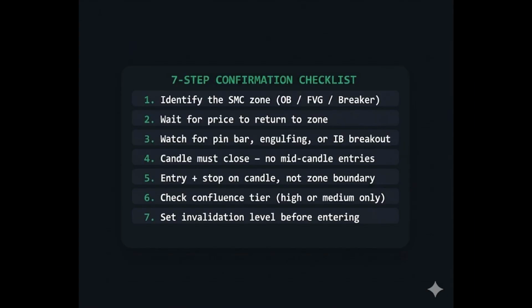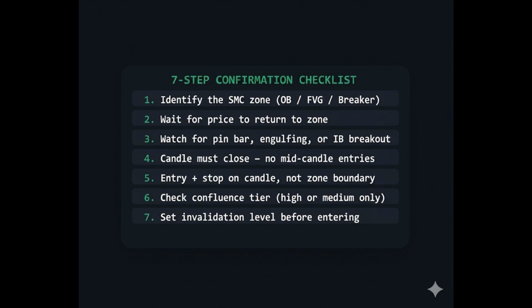Here is the complete confirmation checklist. 1. Identify the SMC zone, OB, FVG, or breaker. 2. Wait for price to return to the zone. 3. Watch for one of the 3 confirmation patterns, pin bar, engulfing, or inside bar breakout. 4.